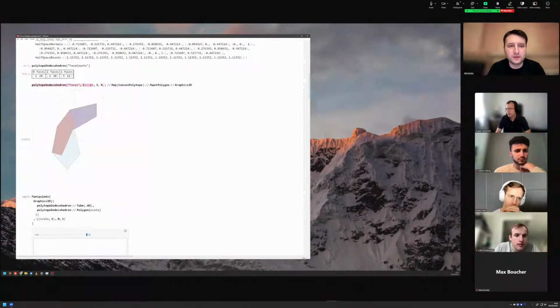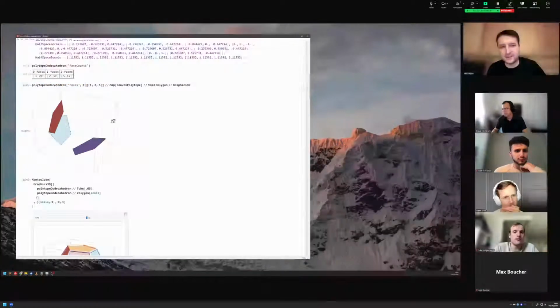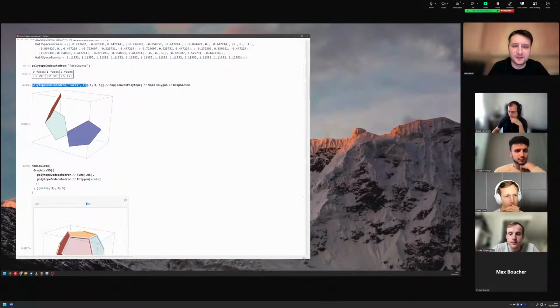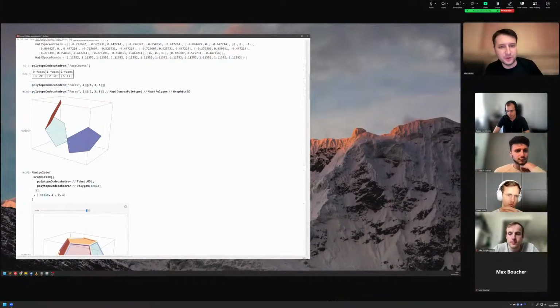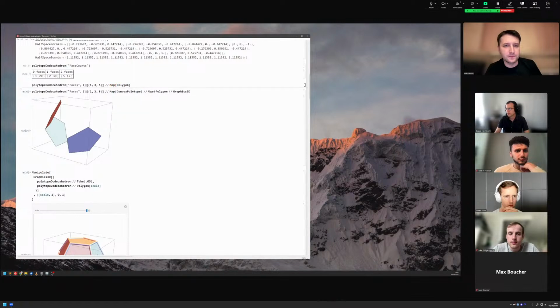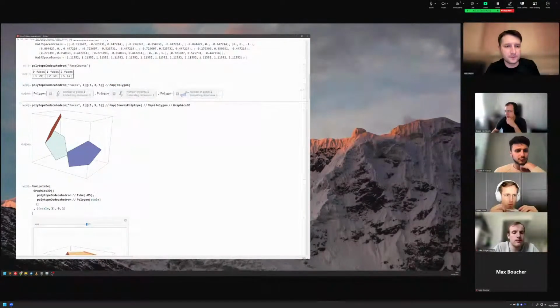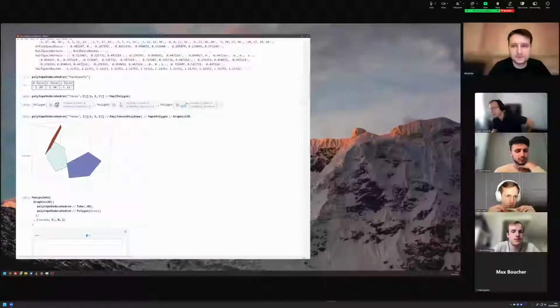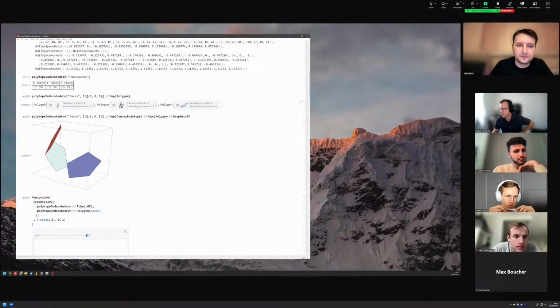Can you not do Graphics3D? This is just the actual polygons as a data structure. It's just like the built-in one. Okay, well, first of all, the ordering of the vertices matters. I'm not orienting them to go around. So when it's rendered, you get these erroneous sort of things.